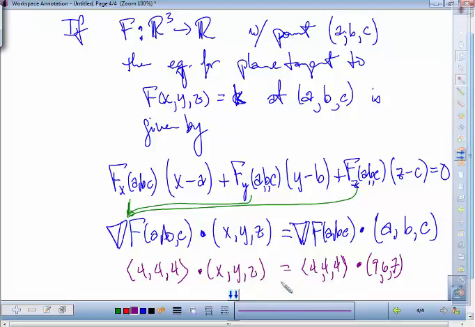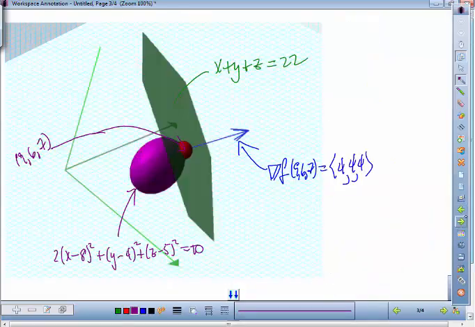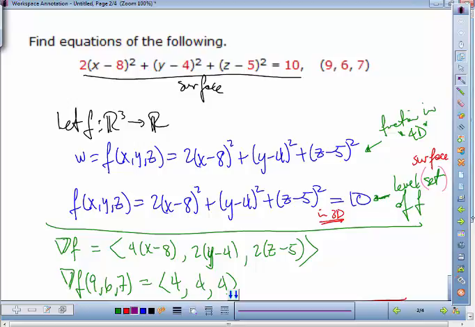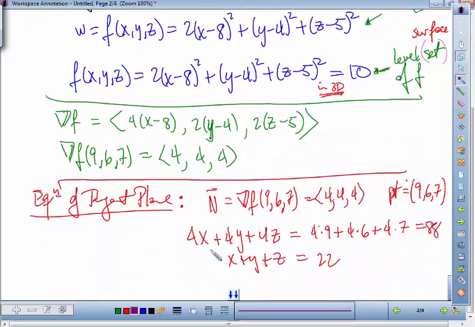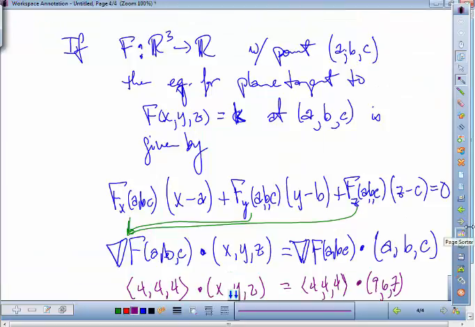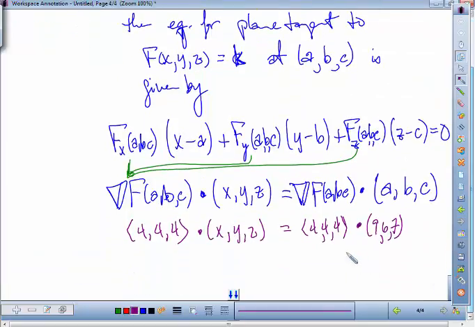That's the variable. And then this equation is exactly this thing. Okay, it's 4, 4, 4 dotted with x, y, z, 4, 4, 4 dotted with 9, 6, 7. Okay?